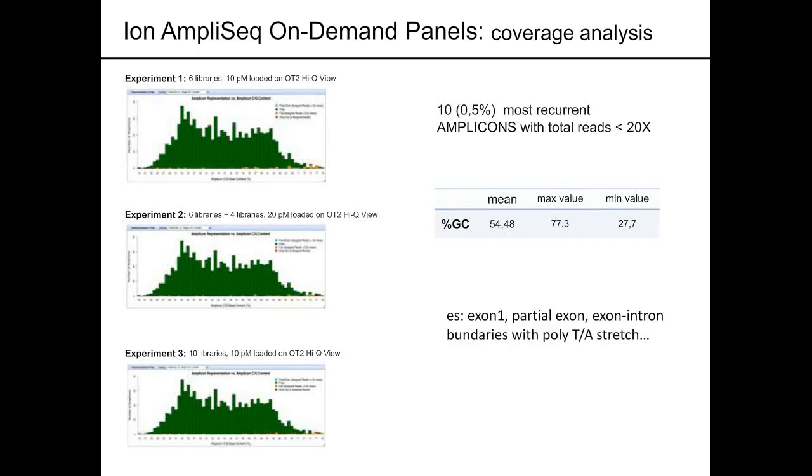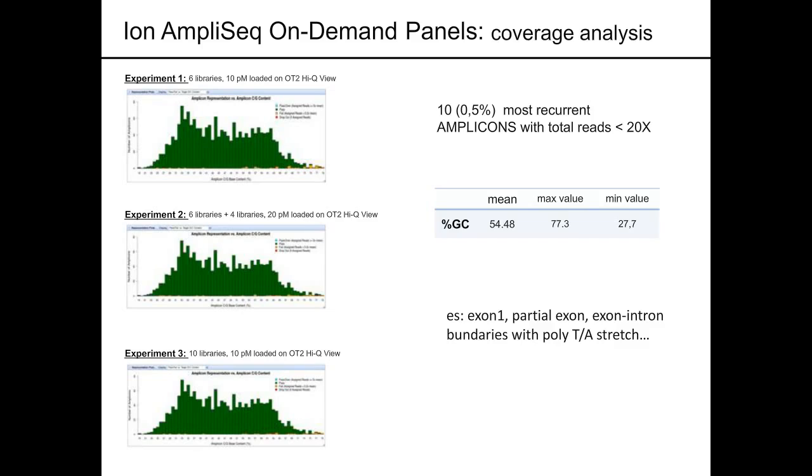This is a profile of the coverage of our amplicons that shows in all of our experiments that we have a very low percentage of uncovered amplicons or not enough covered amplicons, with a coverage less than 20x, which is our cutoff.